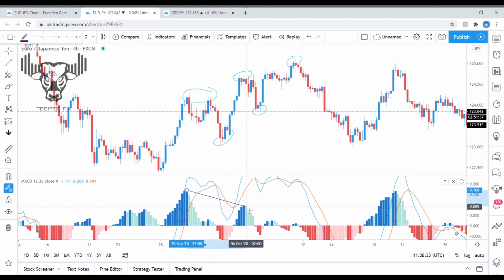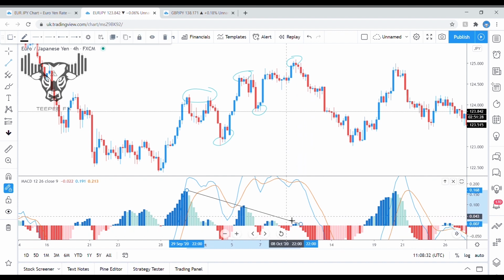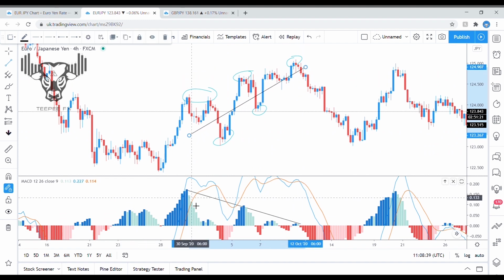The next high, we have got much less bullish orders in the market. And the next high, we've near enough completely dried up in terms of the difference in orders. Yet the price is still continuing to move to the upside. So the MACD is showing us that this is weakening.